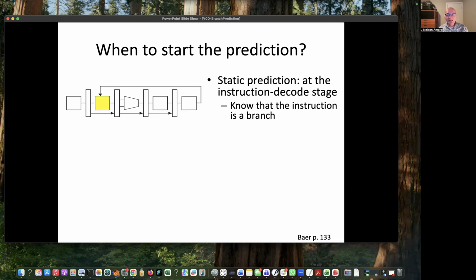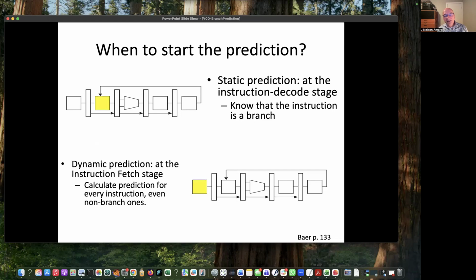If you are doing a static prediction, you can start at the instruction decode stage because at that point you know that the instruction is a branch, so making the static prediction is a very fast prediction, and you can start at the decode stage. However, if you are doing a dynamic prediction, you are more likely to start the prediction at the instruction fetch stage.